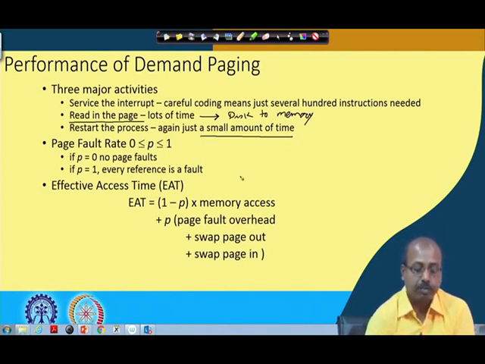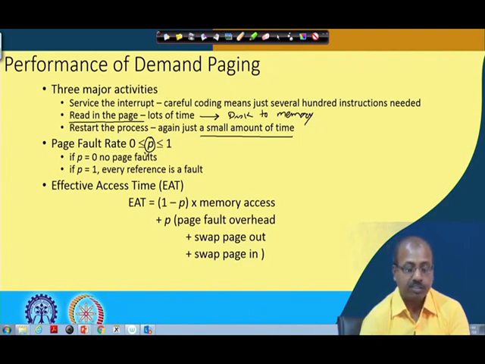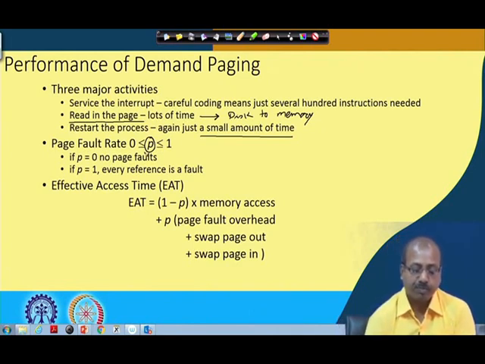If we assume that the page fault rate is p, then p can be a value between 0 and 1. So, p equal to 0 means there is no page fault, and p equal to 1 means every reference is a page fault. So, this is the page fault rate, that is, how many page faults occur per memory reference.